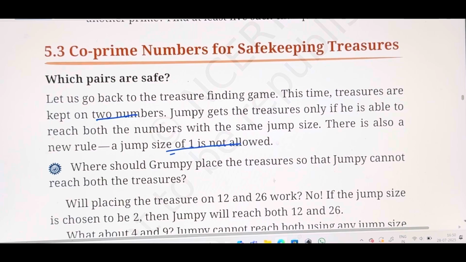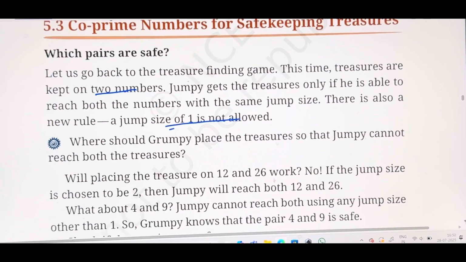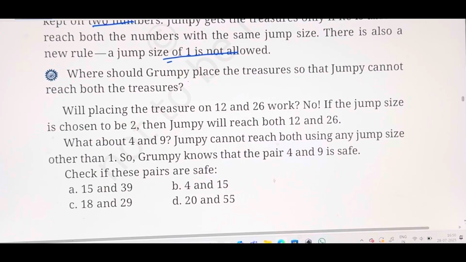So let us see. While placing the treasure, they have given an example of 12 and 16. Will this work? What are the factors of 12? Factors of 12 are 1, 2, 3, 4, 6, and 12. These are the factors of 12.